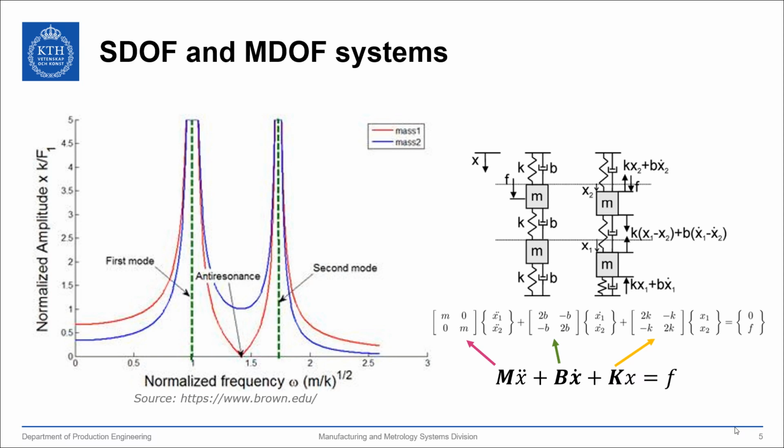Usually the masses are lumped and the joints and damping elements are considered massless. In the figures to the left, we can see the response in the frequency domain in terms of amplitude for a multiple degree of freedom system subjected to a dynamic force with constant frequency. Note the presence of two modes in the response for both masses.